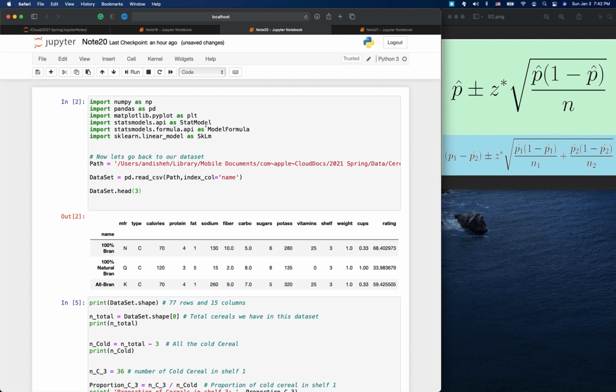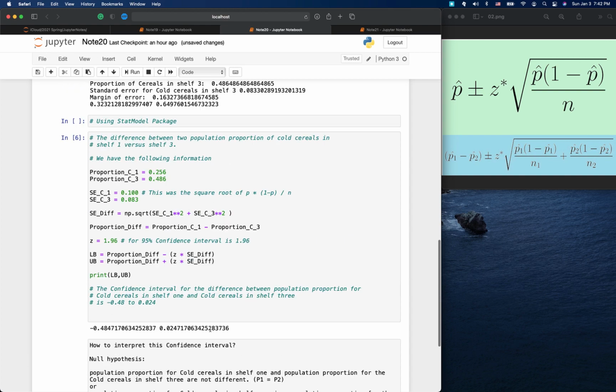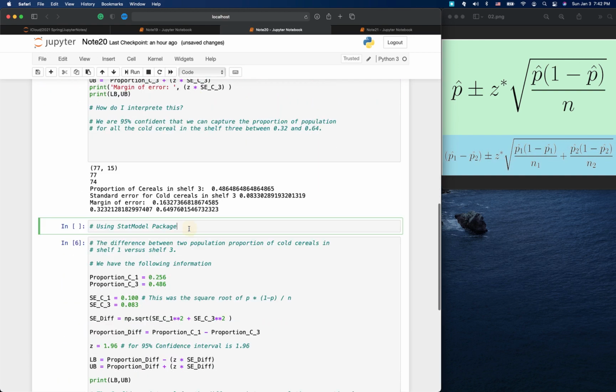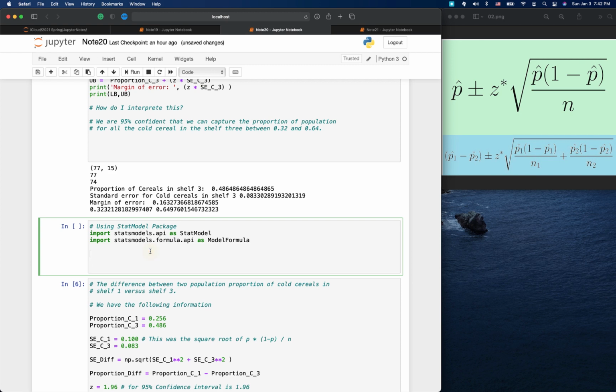Which one is that? Let's bring both of them in case I need them. Here. Okay, so there is a method in the statsmodels package.